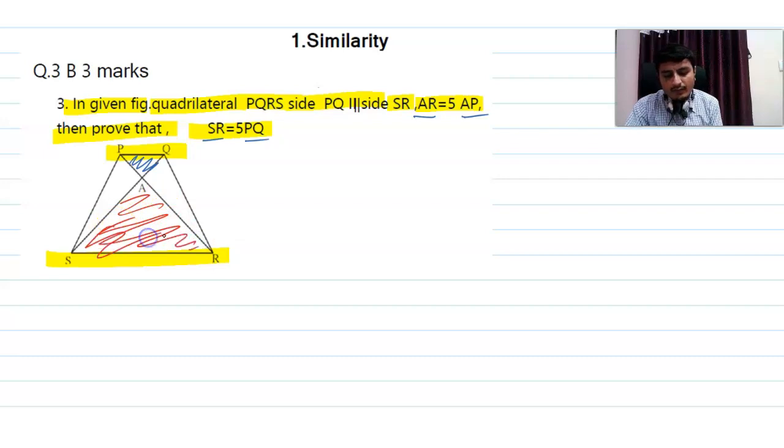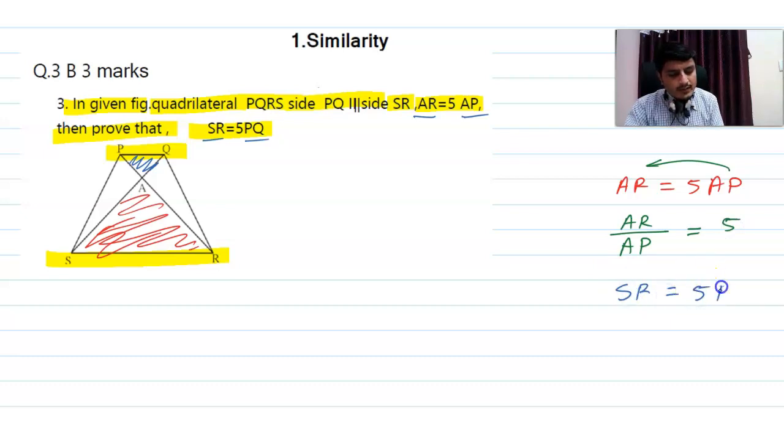We are given at the start that AR equals 5 times AP. Once we shift AP from the RHS to the LHS, we have AR divided by AP equals 5. And we have to prove that SR equals 5 times PQ.